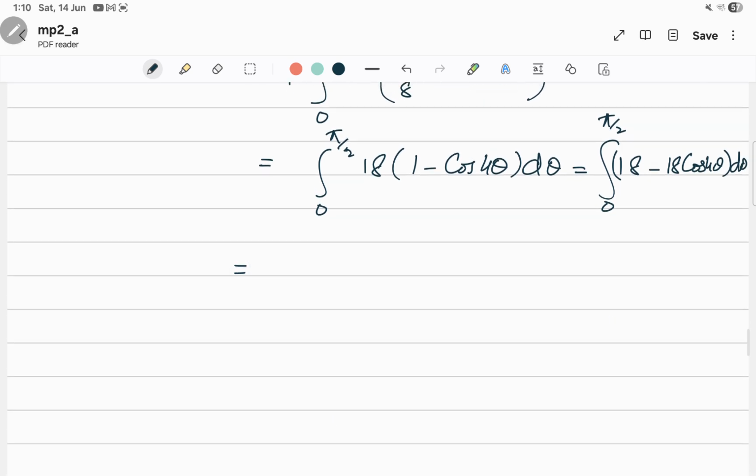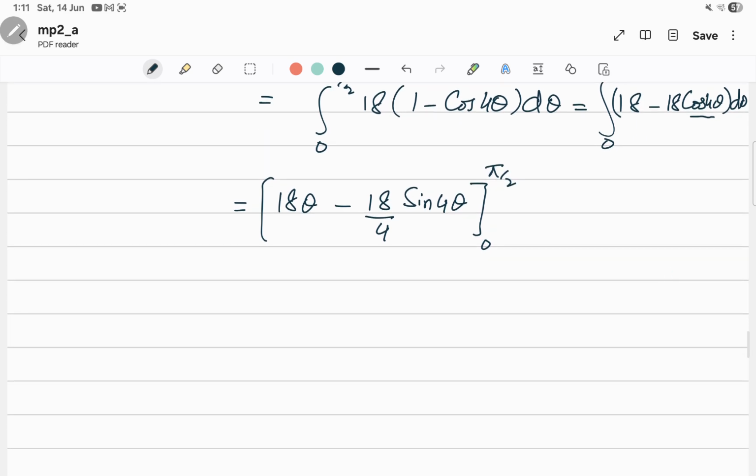So if you apply the integral on it, it will be 18 theta minus 18 sine 4 theta, and the derivative of the angle you need to divide outside, because the integral of cos 4 theta is sine 4 theta, and the derivative of the angle is 4, so you need to divide by 4 because we are integrating, and the limits you need to apply now, which is 0 to pi by 2.